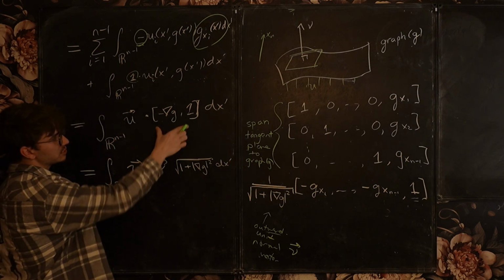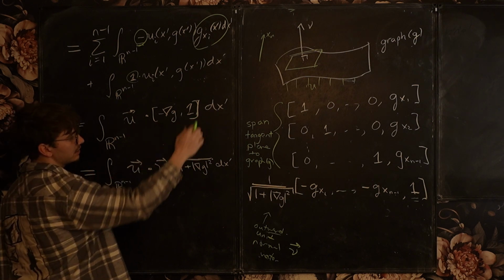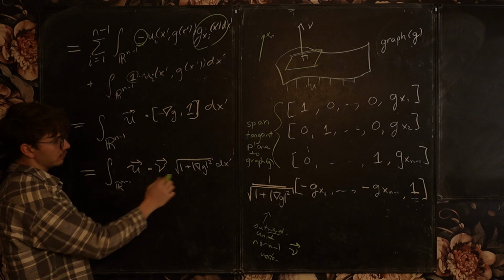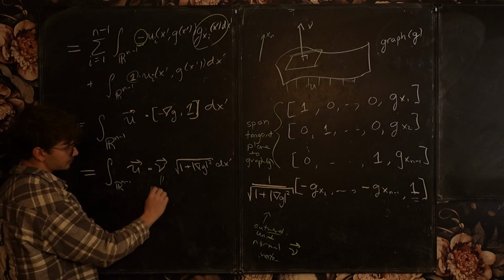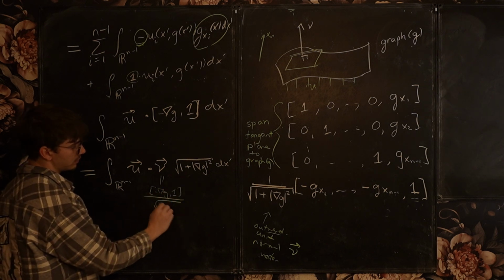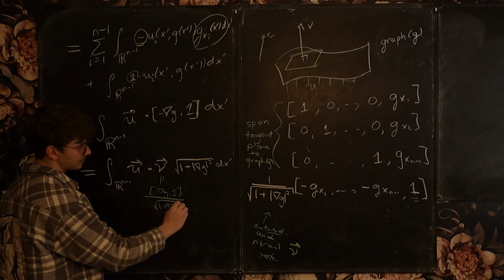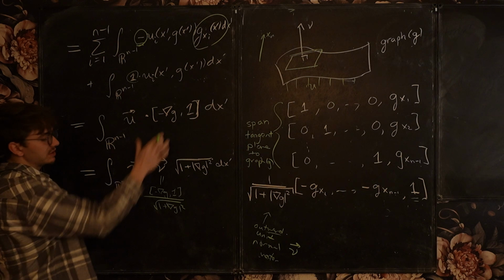Just picture dividing this quantity by its length and then multiplying by the length, so you can see that these two are equal. Or you can just insert nu, which is equal to negative grad g1 divided by square root of 1 plus grad g squared. When I insert this expression for nu, I recover the previous line here.